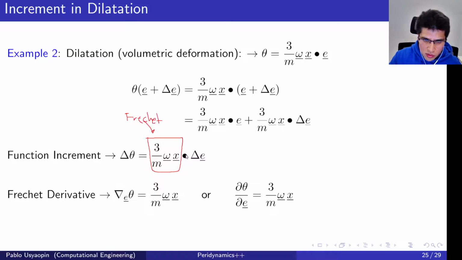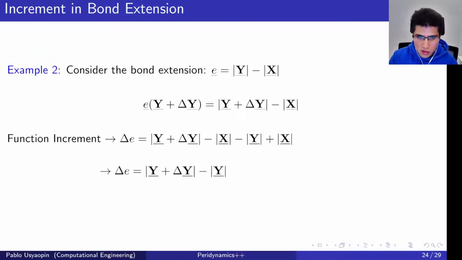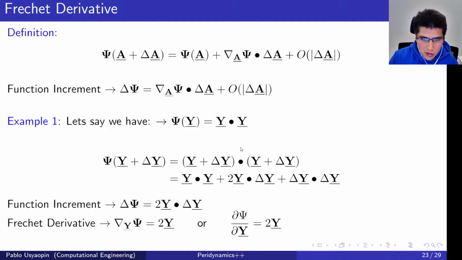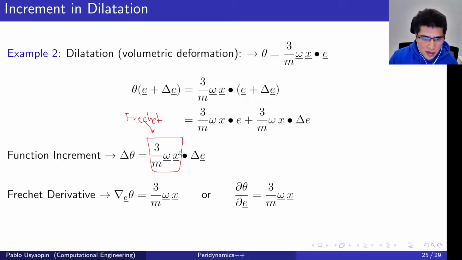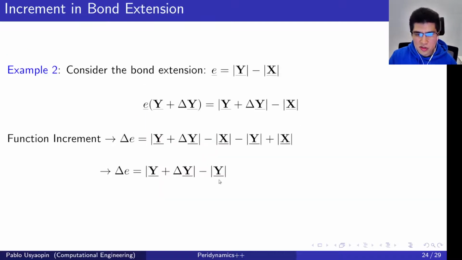Because, as we were mentioning before, it is being multiplied times an increment, as in here. This term will be called the Frechet derivative, and this is what I am explaining in this part below.